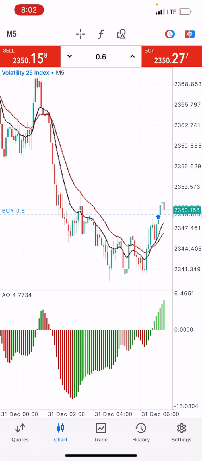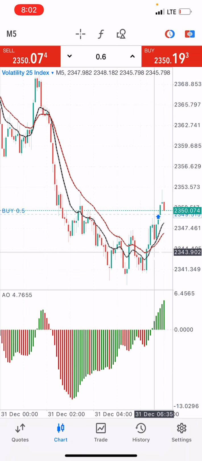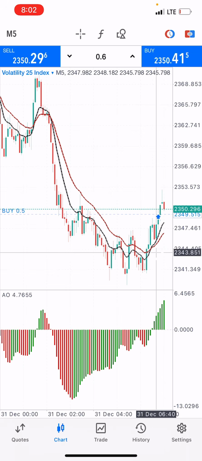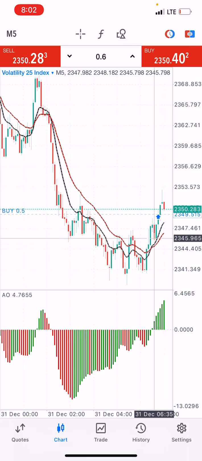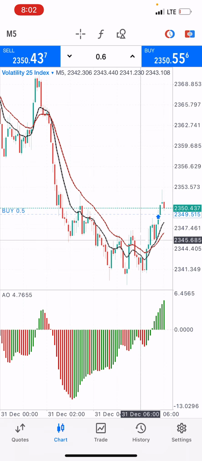You can see, so this is the strategy. When do you place a buy using this strategy? You place a buy when the black moving average crosses above the red moving average. That's not the only condition you need for a buy.